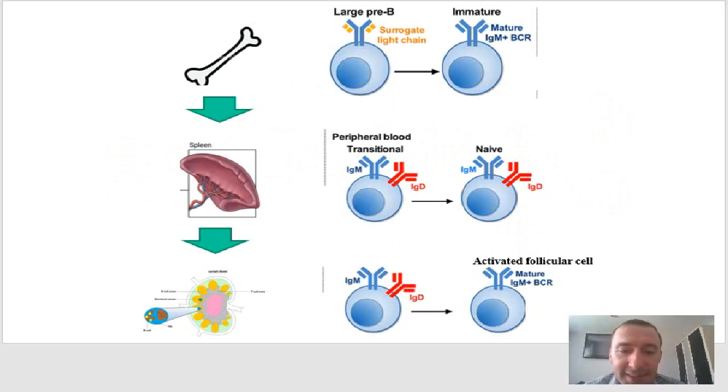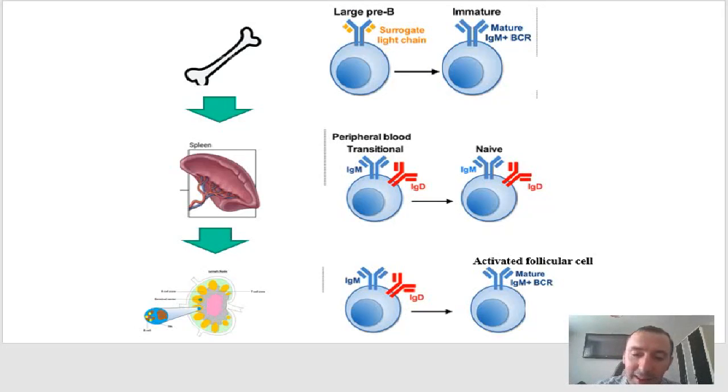So, this slide summarizes the changes that happen in terms of the B cell receptor expressed. When the B cell undergoes that process of gene rearrangement, it'll express the heavy chain with a surrogate light chain. And at the end of that process, when it becomes an immature B cell, it will express mature IgM. It then leaves the bone marrow, makes its way towards the spleen, and when it arrives at the spleen, it becomes a transitionary B cell where it expresses both IgM and IgD.